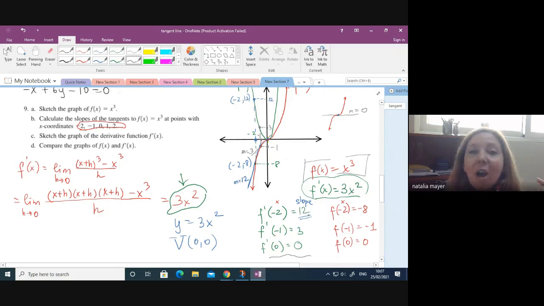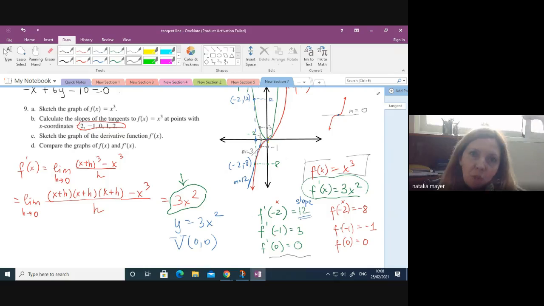And the outputs for the derivative function are all possible slopes of tangent lines at the points with those x values. So having this first concept in mind, we're going to first practice matching the original function graph to the derivative function graph.